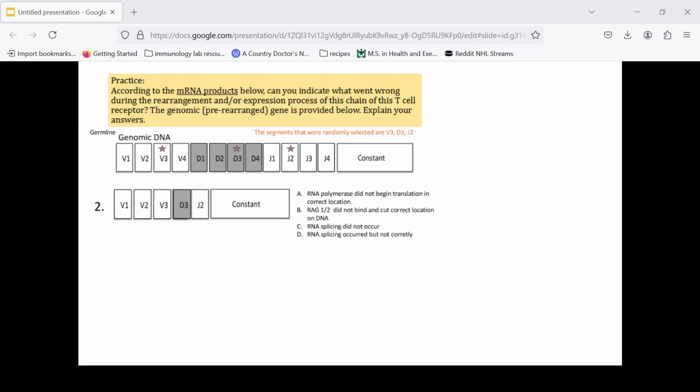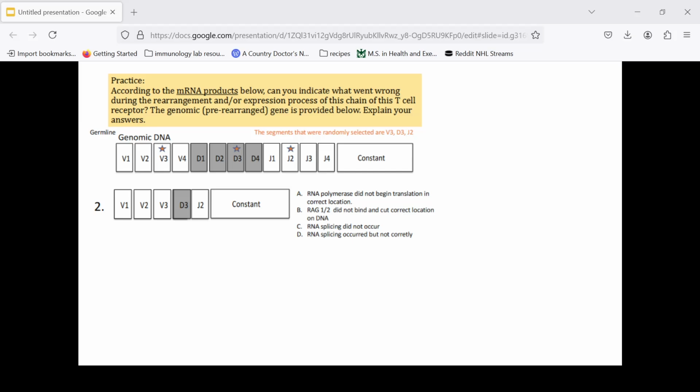And that is going to give us our final translatable mRNA. That is our process from going from full DNA with all of our V's, all of our D's, all of our J's to 1V, 1D, 1J mRNA that is able to be made into our protein. And then we get from that our protein.